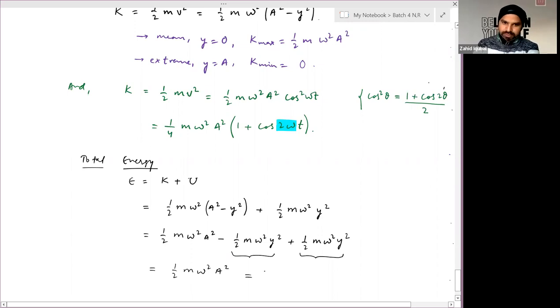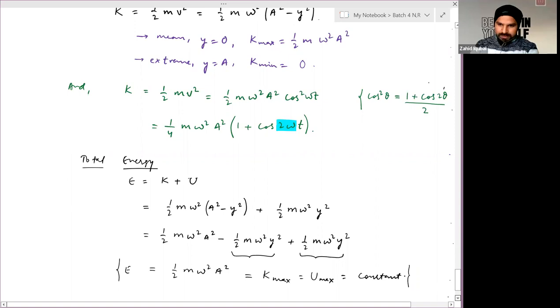And this is equal to maximum kinetic energy or maximum potential energy, and which is constant. So we can say total energy will be constant in this SHM. Is it clear? Yes, sir.